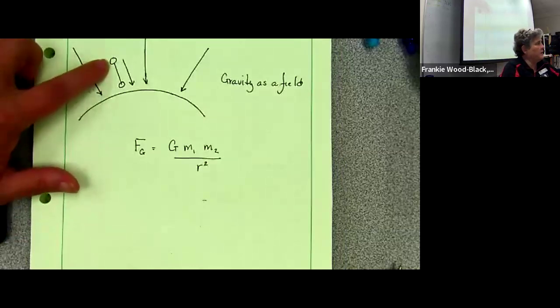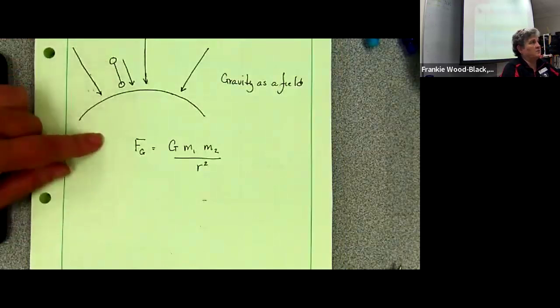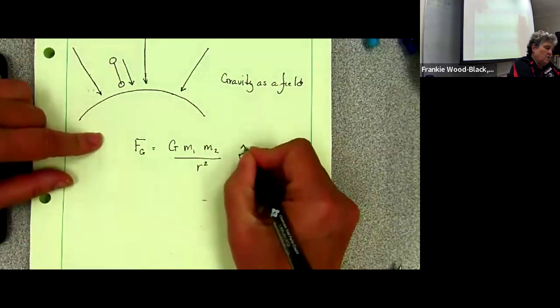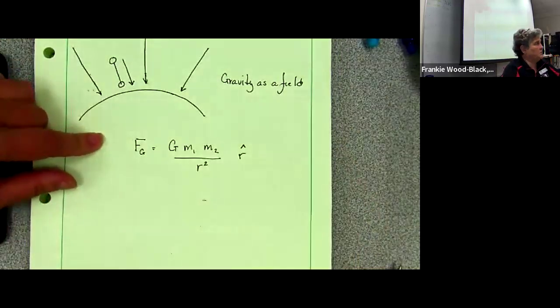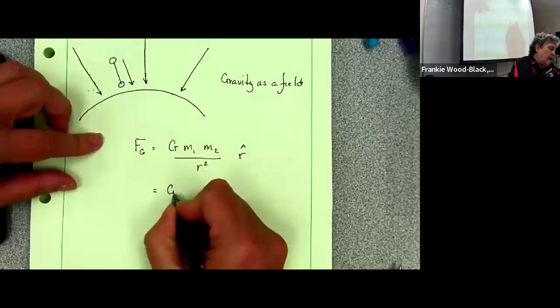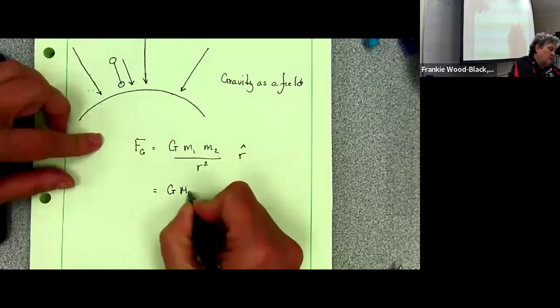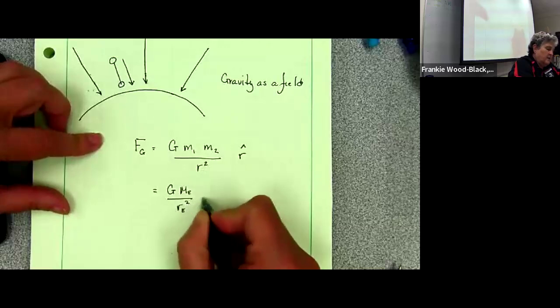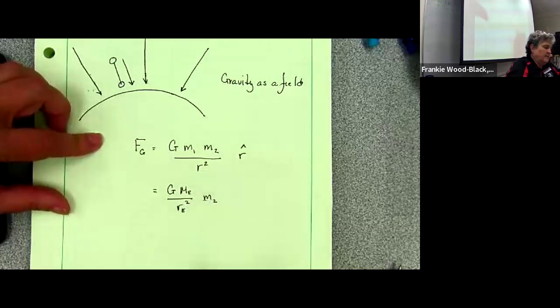But if I'm dealing with a little mass, something the size of a golf ball around the surface of the earth, that's a pain in the tushy. We still have our force is going to be directed towards the center, but this could be rewritten as mass of the earth over radius of the earth squared times my secondary mass.